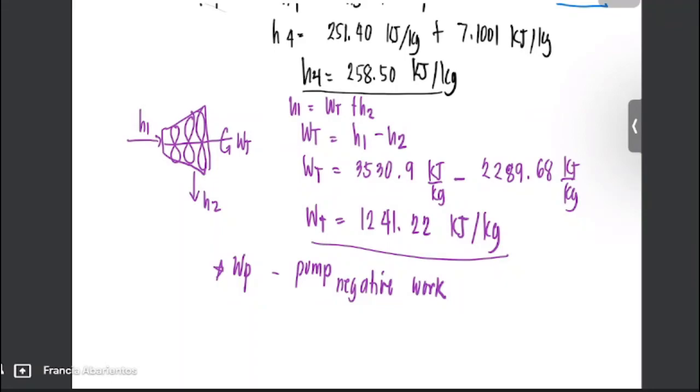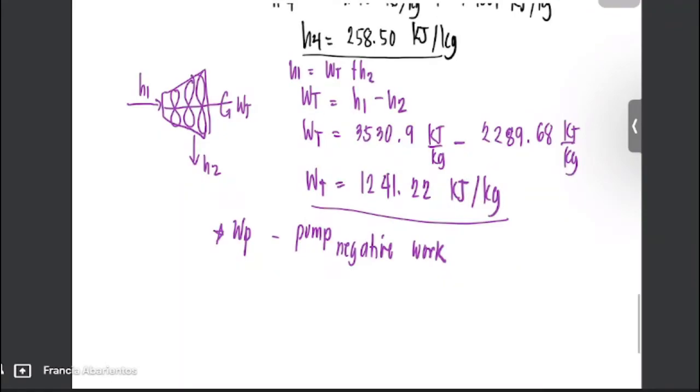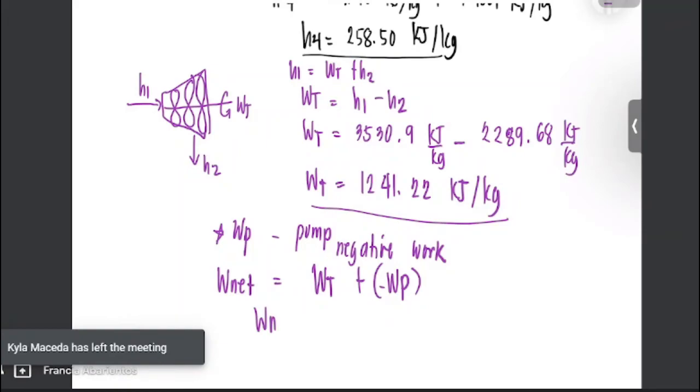Okay, in solving for the work net or the net work, ayan, we have the work of the turbine. Addition siya class ng all ng work. But take note, yung pump natin has a negative work, so ito na yung pinapagamit ko sa inyo para hindi kayo malito.